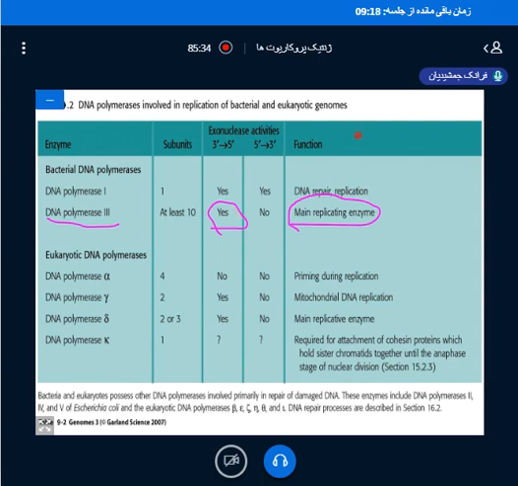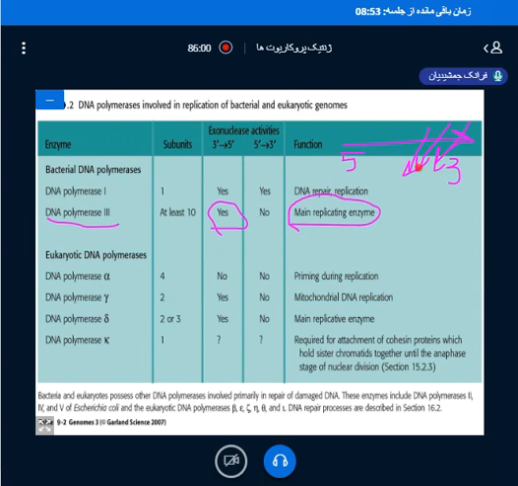What does it mean? It means if the direction of replication is 5' to 3', it has 3' to 5' exonuclease activity. It means it can remove from 3'.